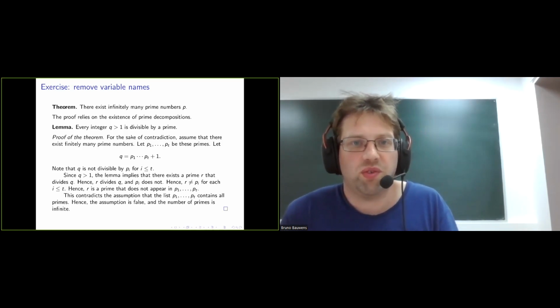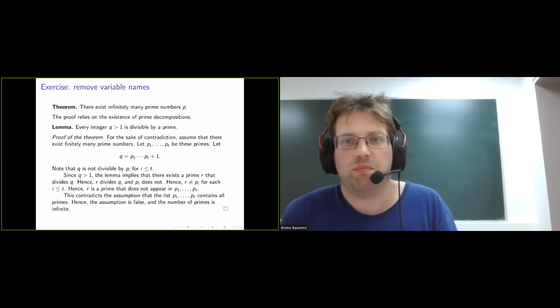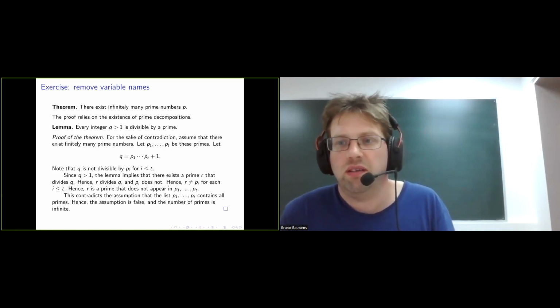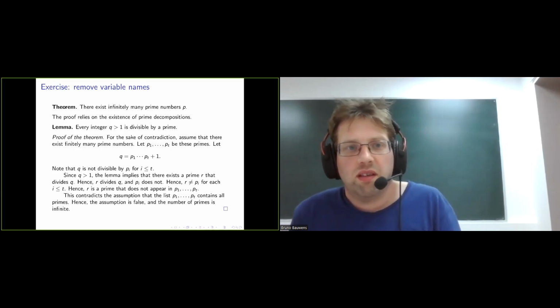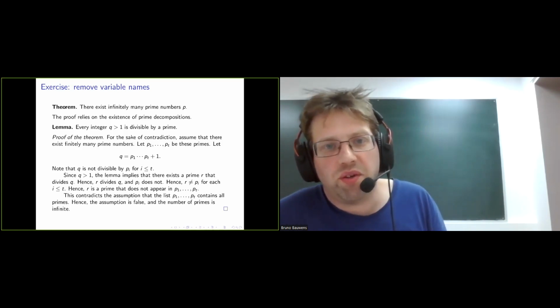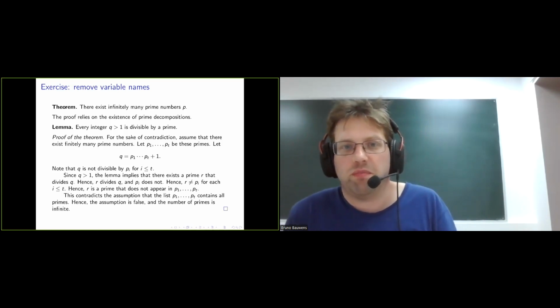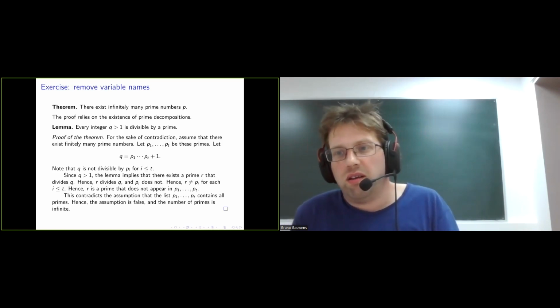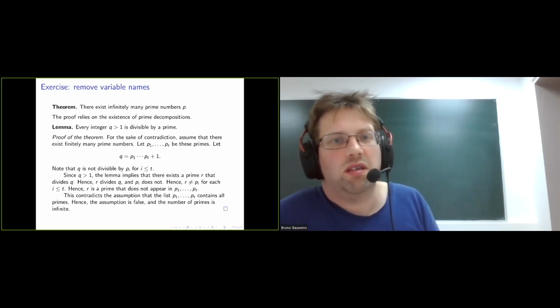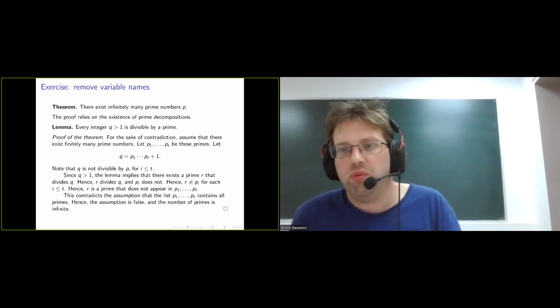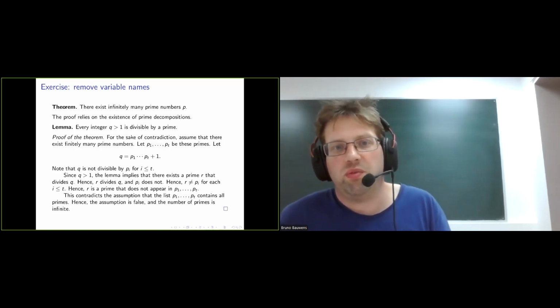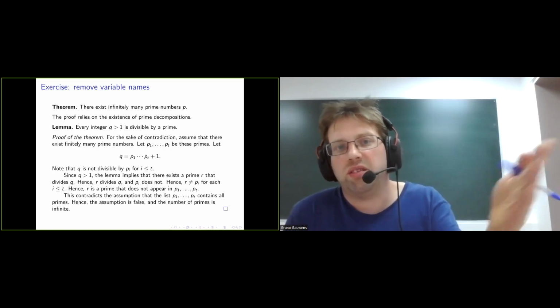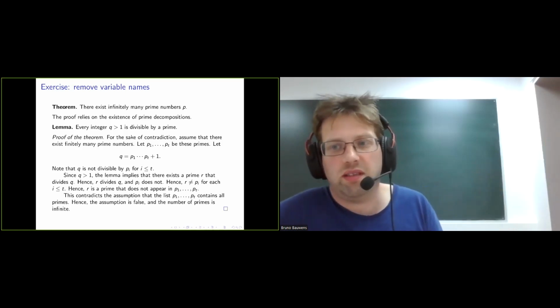Then the proof relies on the existence of prime decompositions. For me, that's okay. Then the lemma: every integer Q bigger than 1 is divisible by a prime. Here I would drop Q, but then the bigger-than-1 symbol needs to be written in text.